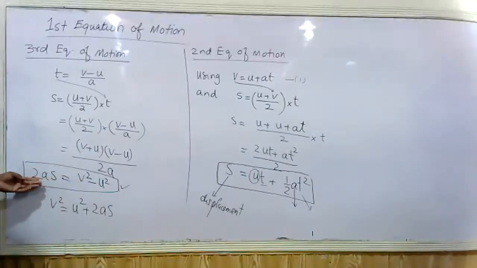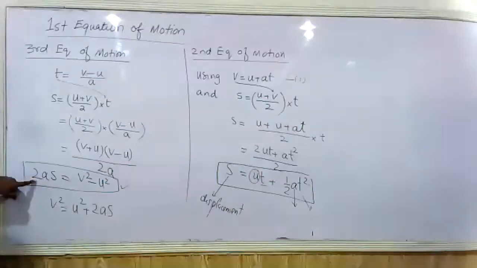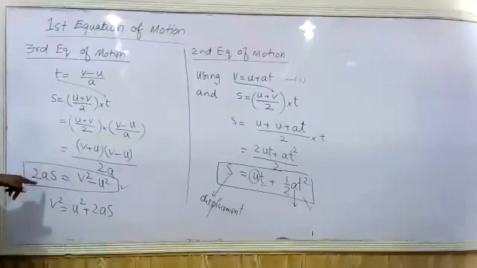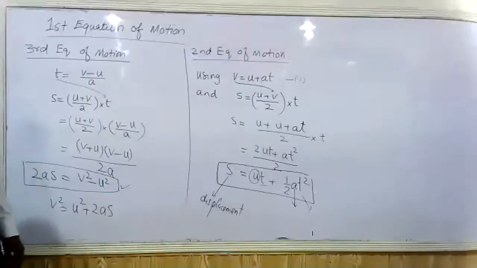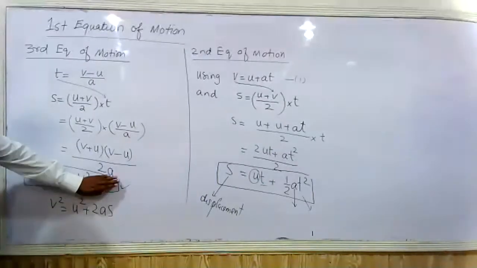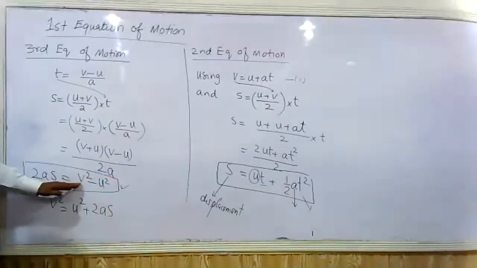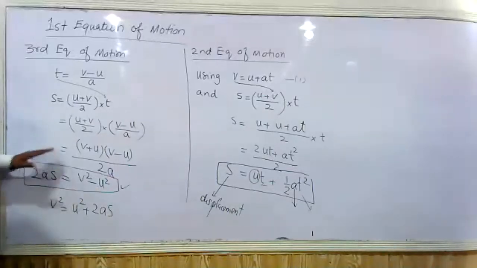So the square root of 2 times acceleration multiplied by the displacement gives the final velocity if the object is initially at rest. So there is no u squared; v is simply the square root of 2as.